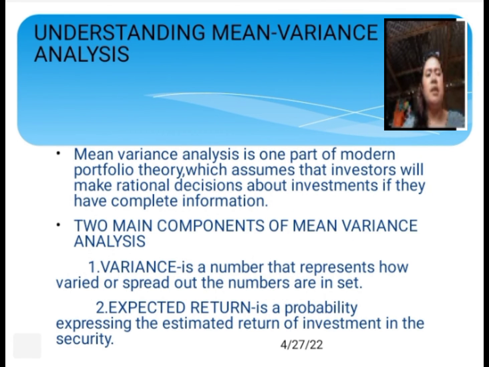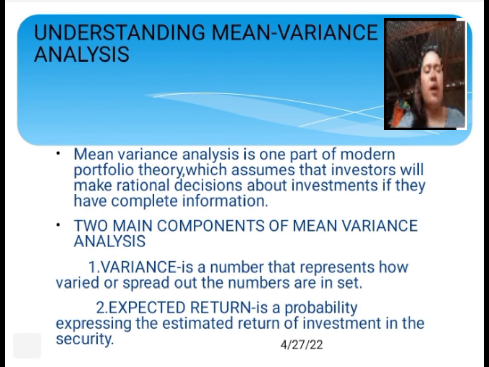Understanding mean variance analysis: it is one part of modern portfolio theory, which assumes that investors will make rational decisions about investment if they have complete information. One assumption is that investors seek low risk and high reward.